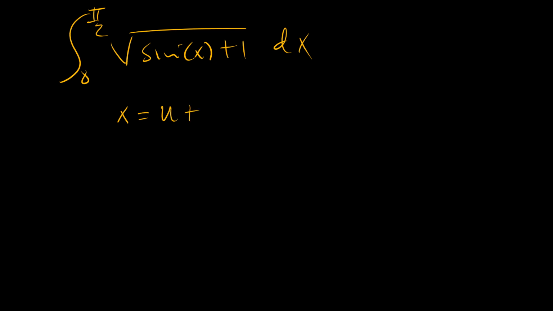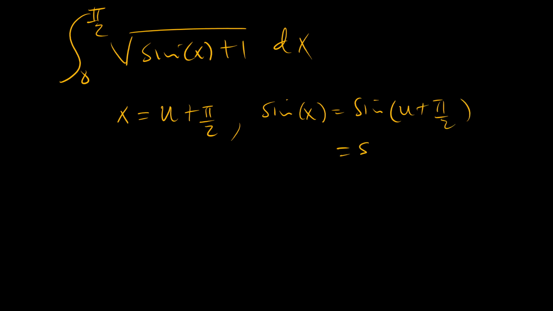u plus pi over 2, such that sine x will be equal to sine of u plus pi over 2, which is equal to sine u cosine pi over 2 plus sine pi over 2 cosine u.